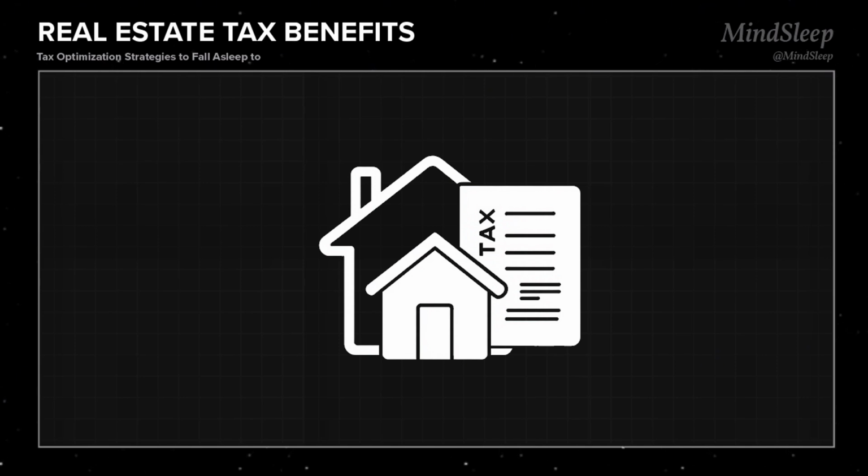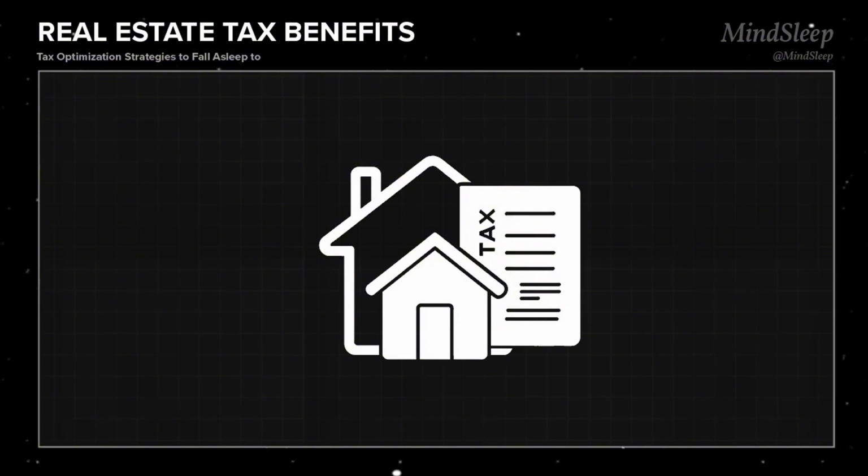Moreover, the increasing sophistication of data analytics and artificial intelligence could revolutionize how properties are valued for tax purposes, potentially leading to more accurate and dynamic assessment methods. This could have far-reaching implications for property taxes, which form a crucial part of many local government budgets.